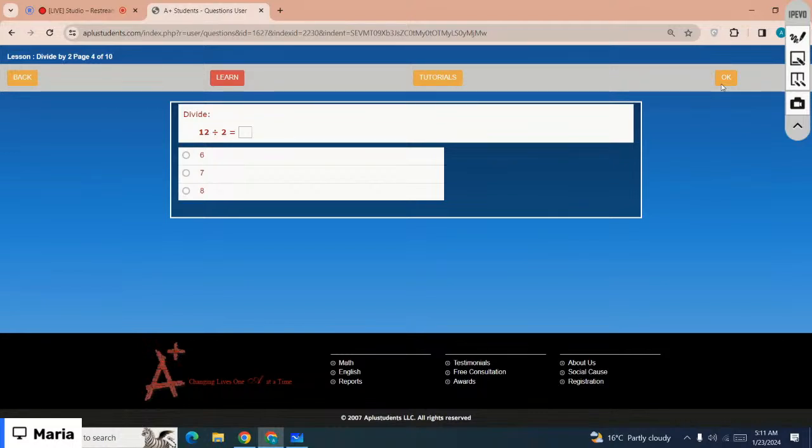12 divided by 2. You need to count the table of 2 until 12. So which is the correct option? 2 times 6 is 12, right?